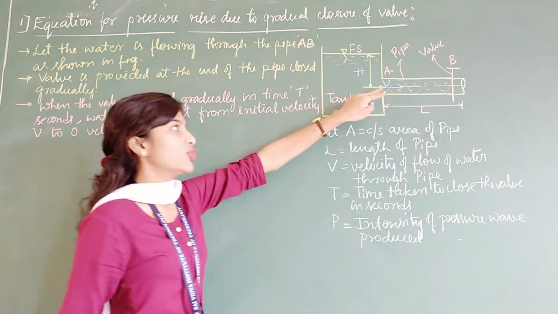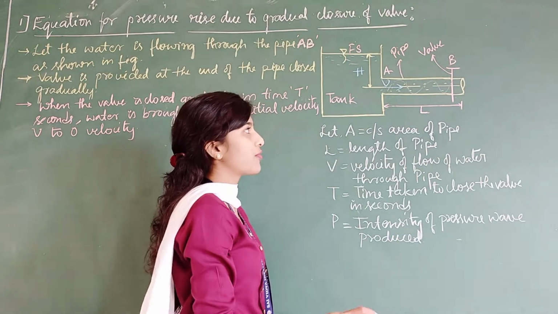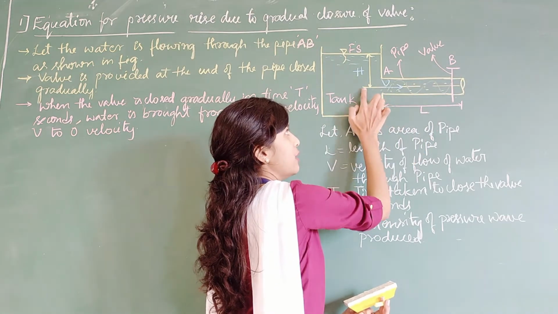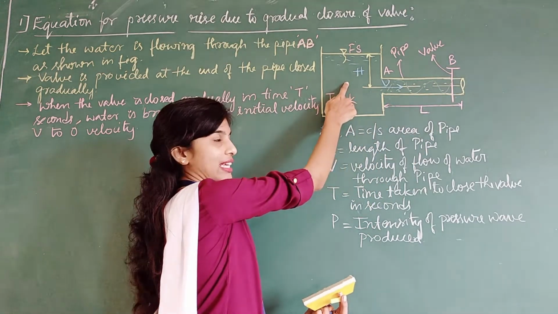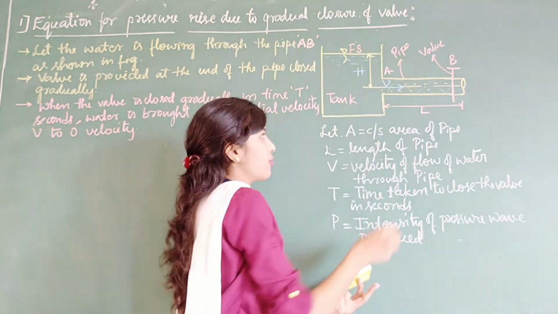When the valve was open and there was no valve here, the water within the tank flowed inside this pipe with velocity v.